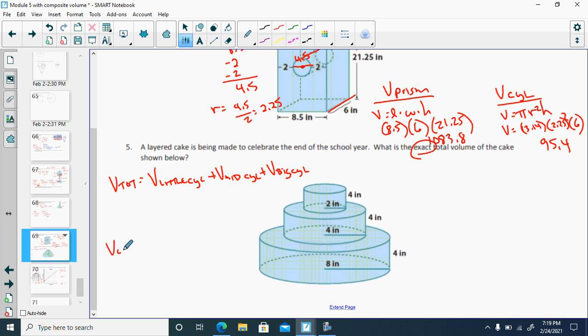The volume of the little cylinder, let's try that one. Volume is equal to pi r squared h. Pi, and what's our radius? It's 2. What's our height? It's 4. So 2 squared is 4, times 4 is 16. The volume is 16 pi for this one.